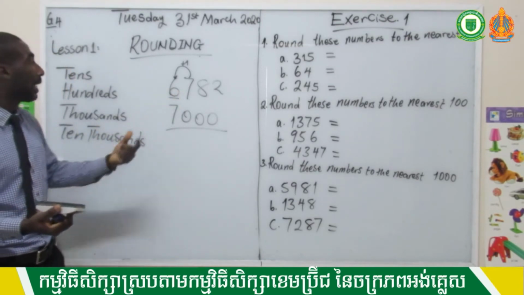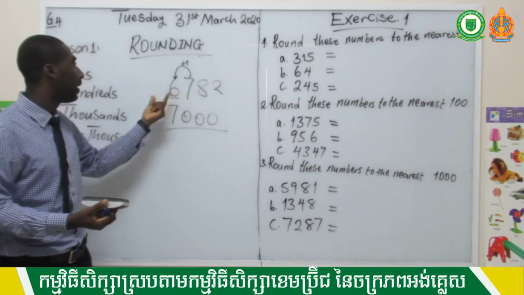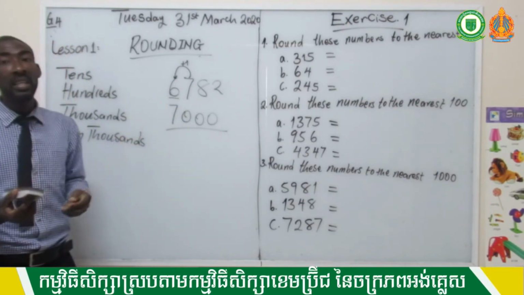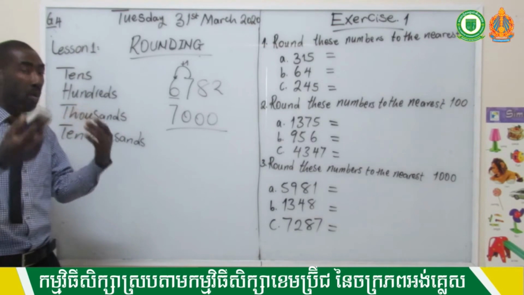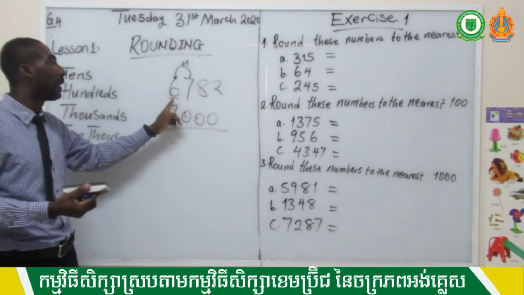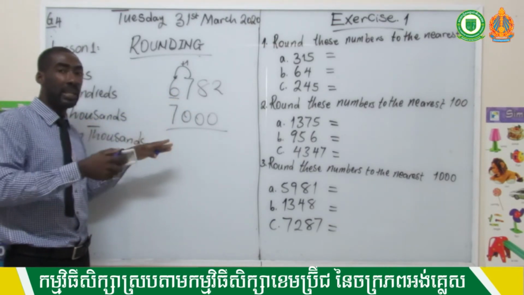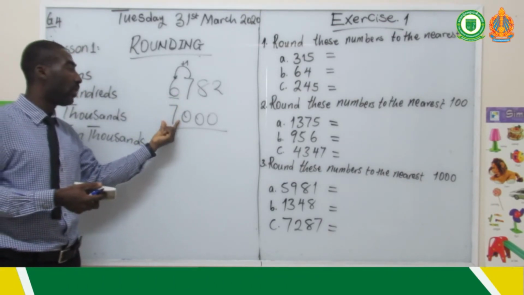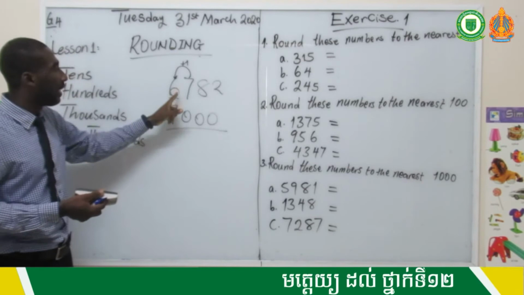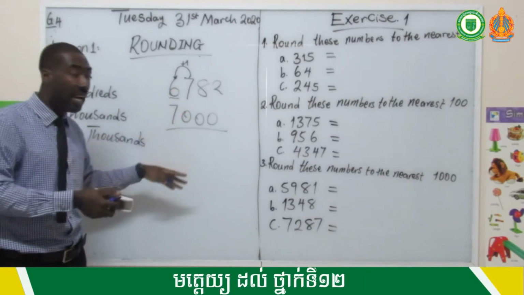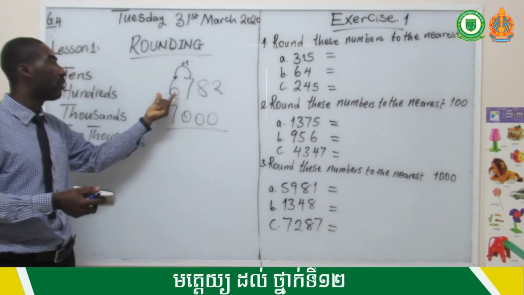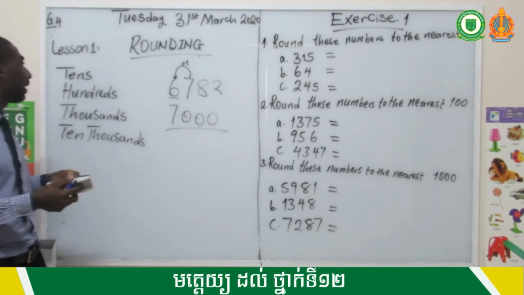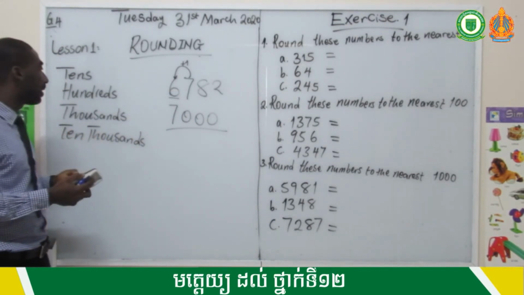Then the number next to it is 7. Because 7 is 5 and more, it has to give 1 point to the number that we are looking at, which is 6, and it changes it to 7. If the number next door is less than 5, it doesn't give any points to the number that we are looking at. So anytime, make sure that you look at these two numbers carefully.